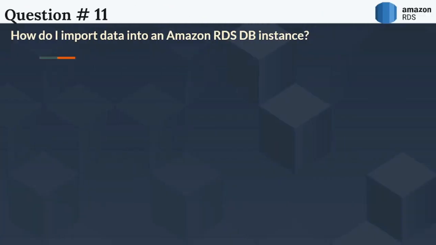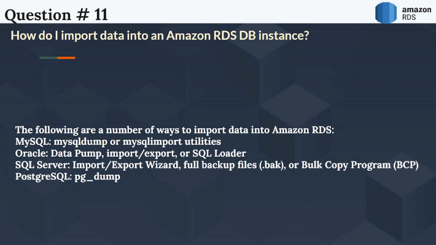So the next question is, how do I import data into an Amazon RDS DB instance? The following are a number of ways to import data into Amazon RDS. MySQL: mysqldump or mysqlimport utilities. Oracle: Data Pump, import-export, or SQL*Loader.